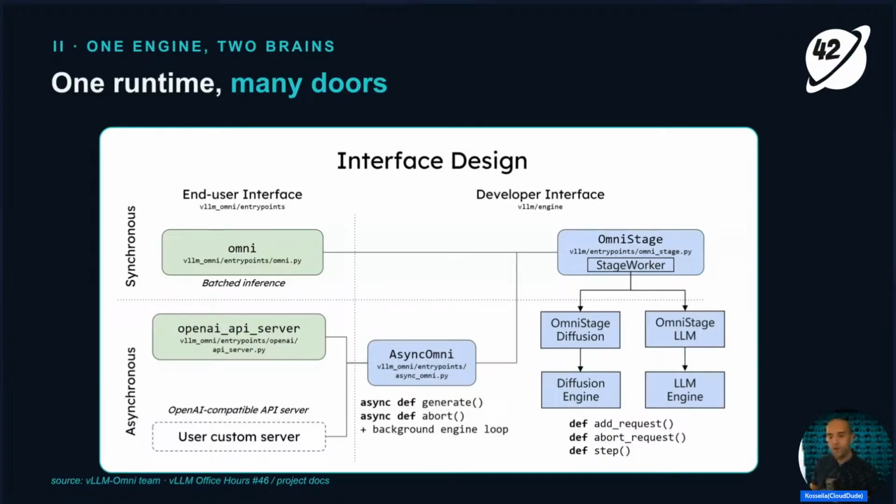And then we have the online serving, which is the async path or class, best for OpenAI compatible endpoint inference. But whichever door you walk through, you actually land on the same Omni stage underneath, which is known as the vLLM API. So nothing really changes here for this extension, but it's always good to know.